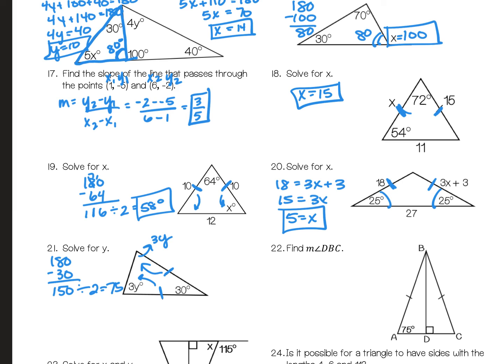So now what I know is that these two angles are both 75 degrees. So then 3y is equal to 75. Divide by 3 to get that y is 25.